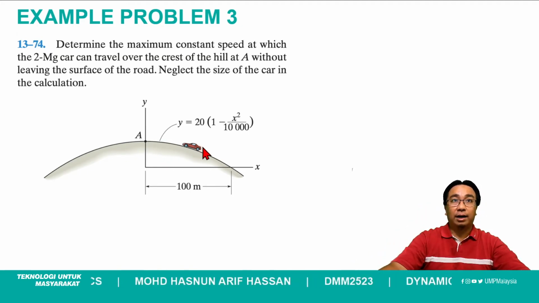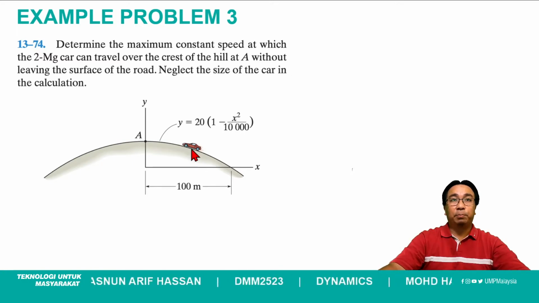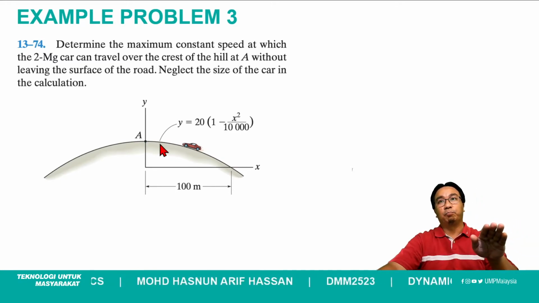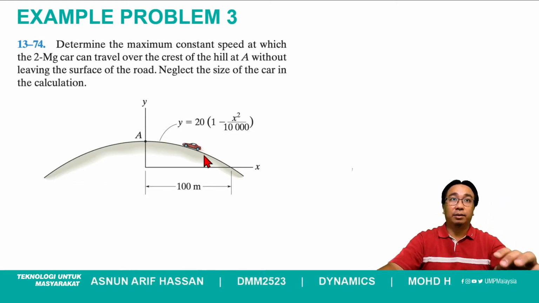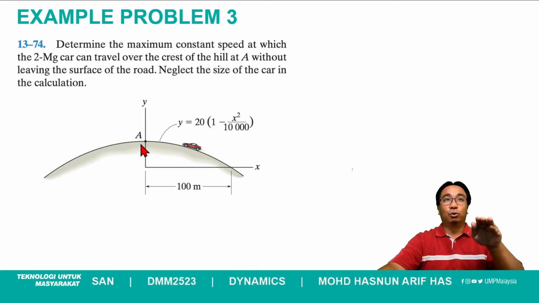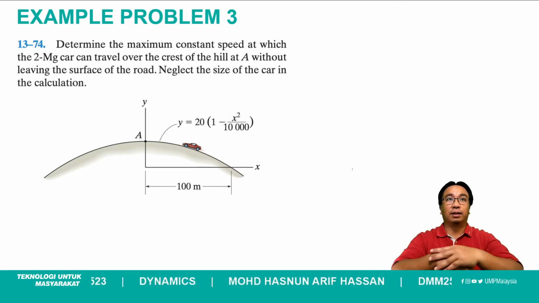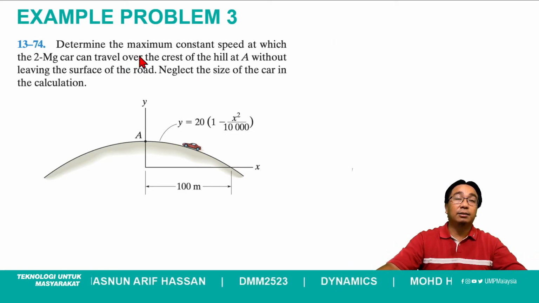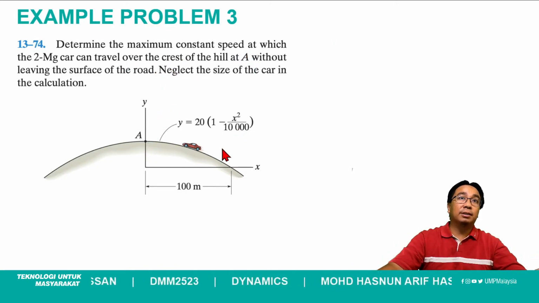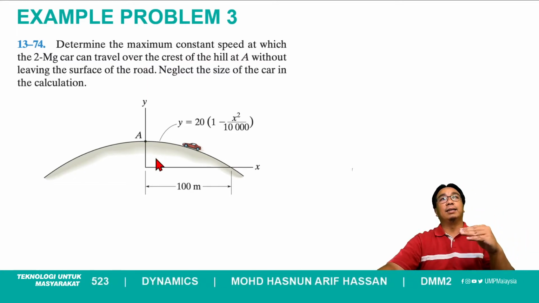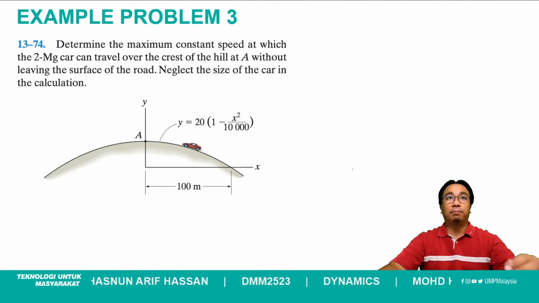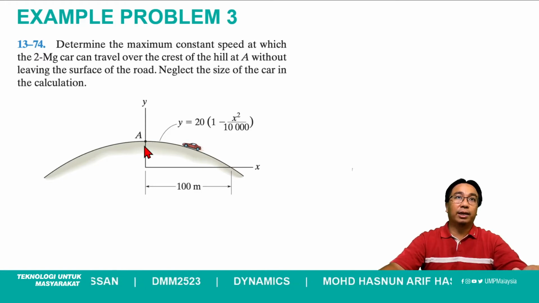If the car has a very high speed, by reaching point A the car might go up off the surface of the ground because of the very high velocity. So the question here is, what is the maximum constant speed so that the car will stay in contact with the surface of the road? It means the car will not jump when it reaches the top of the hill at A.